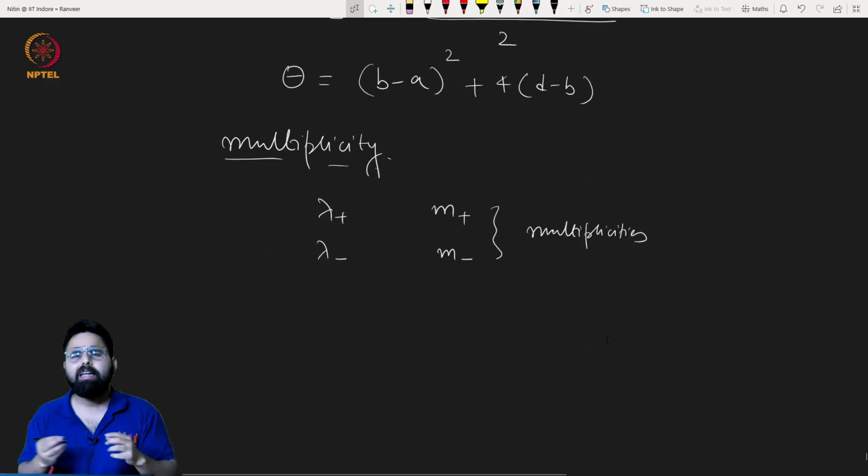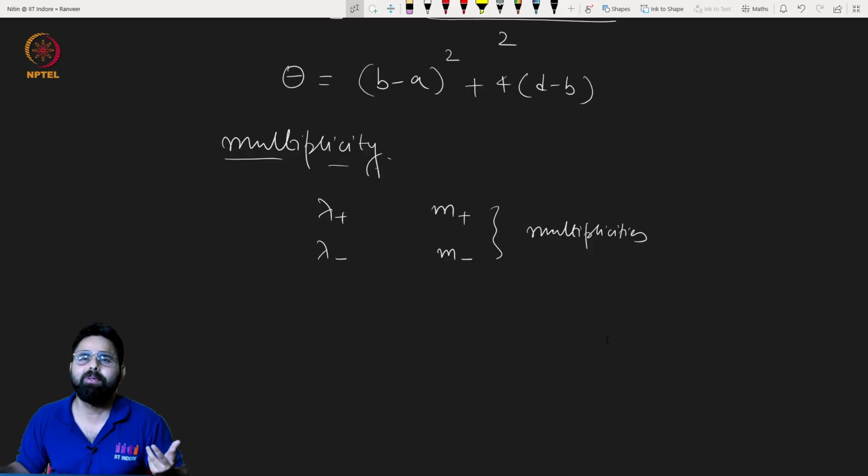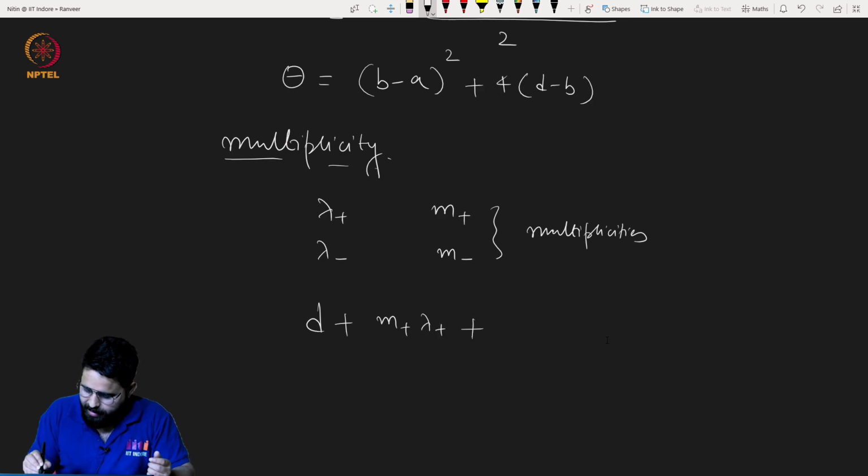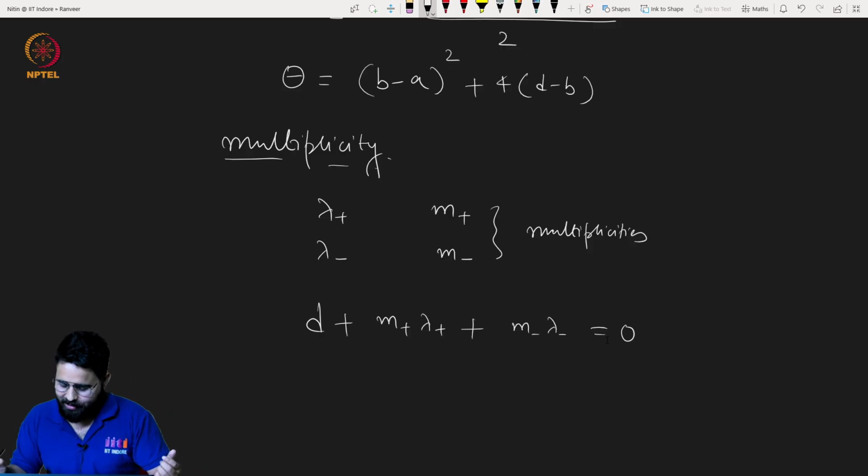One trivial thing is what? The summation of all the eigenvalues is equal to 0, trace is equal to 0. So basically d plus m plus times lambda plus plus m minus times lambda minus, this is equal to 0, right? So this is the trace equation, so one equation.